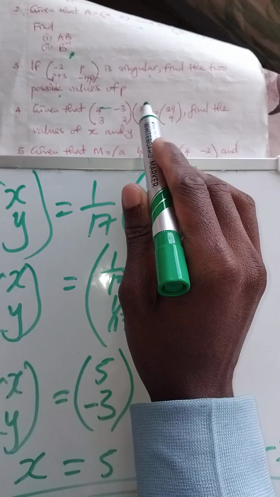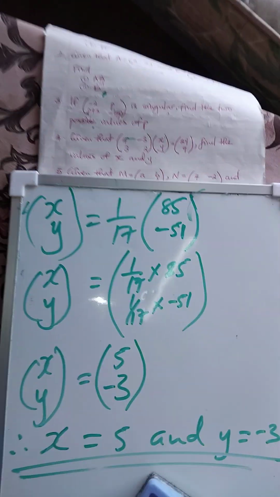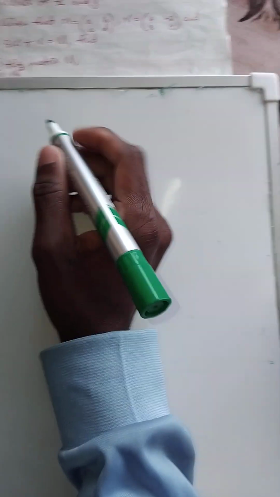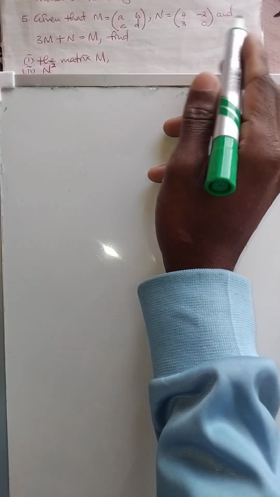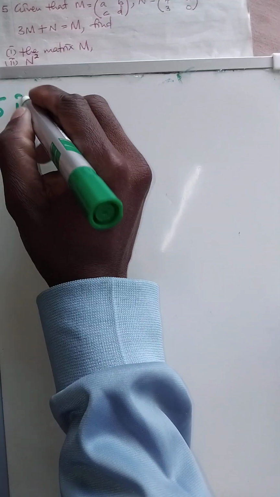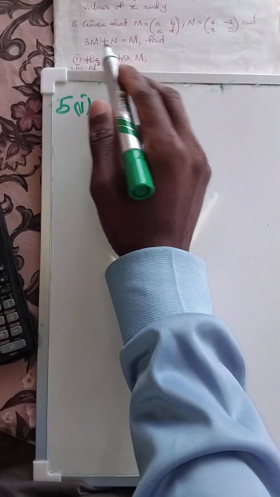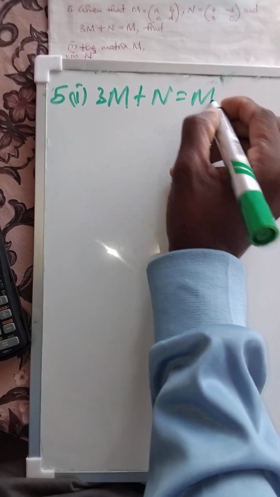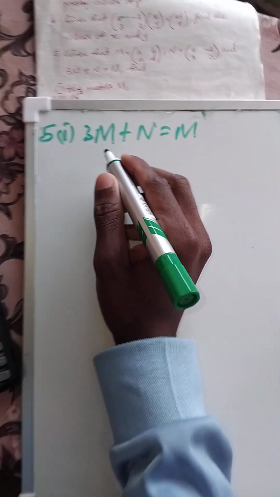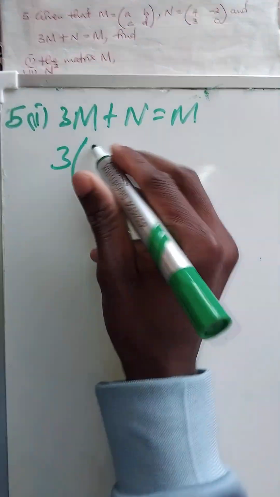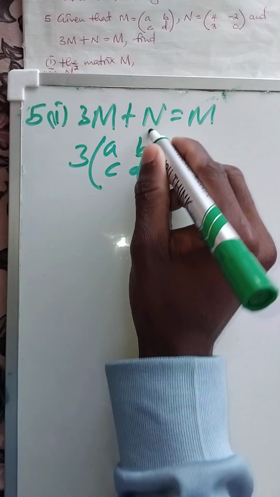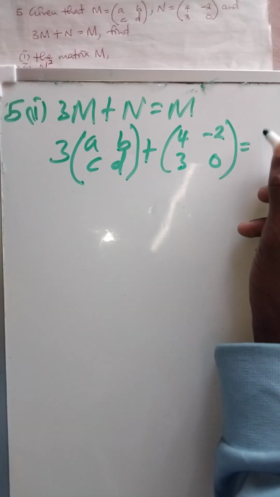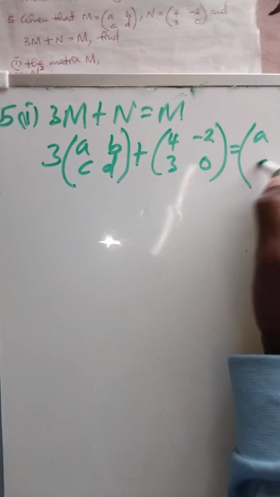Some may multiply this and this, this and this, and just correspond them, that is fine. Next: given that M and N are as shown, find the matrix M such that 3M plus N is equal to M. So 3 open bracket a b c d plus N, which is 4 negative 2 3 0, is equal to the matrix a b c d.